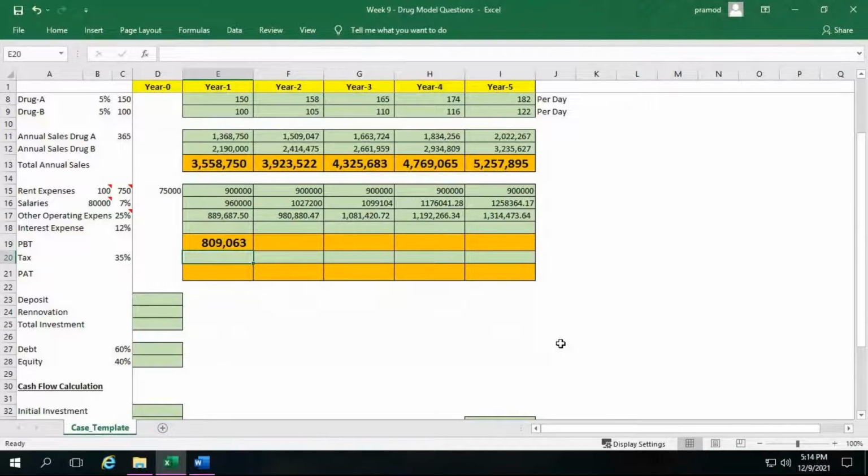Here it is coming to some 8 lakh 9,062. But we should also do the interest expenses. Once I have done the interest expenses, that will also be counted here, and that amount will be subtracted. Then I'll get a different amount. Till then, we will do the next.